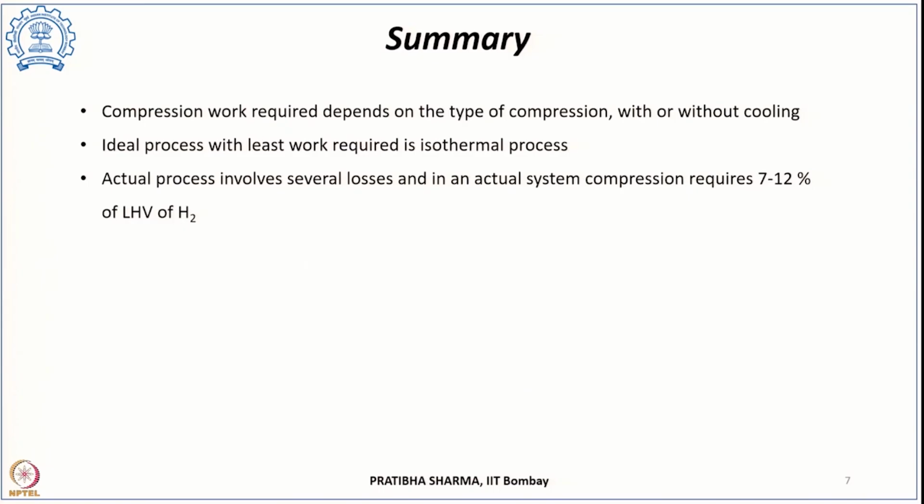In an actual system, there are several losses involved, and if we account for those losses, it is observed that the actual compression work requires 7 to 12% of the lower heating value of hydrogen, or 7 to 12% of the energy content of the stored hydrogen in the hydrogen storage system.